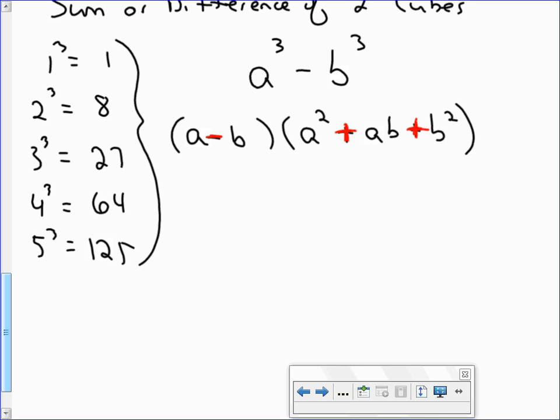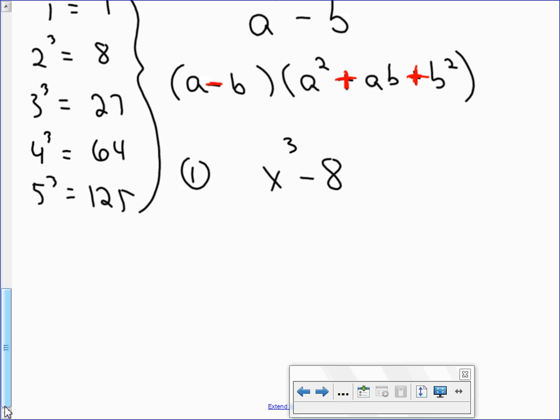Now I'm going to work through this with a number and a letter in it, so you can sort of see how this pattern works. Here's what I'm going to do. X cubed minus 8. And the first thing is you recognize that 8 is a perfect cube. Yes?